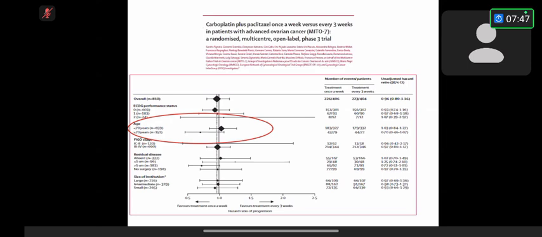So now it has become a very common practice to use a weekly regimen, especially in those patients who are elderly or who are in poor general condition, and the clinician thinks that she may not be able to tolerate a 3 weekly regimen, a higher dose regimen. So that's where we can use a weekly regimen in ovarian cancer patients. Otherwise, the standard of care remains a 3 weekly regimen.